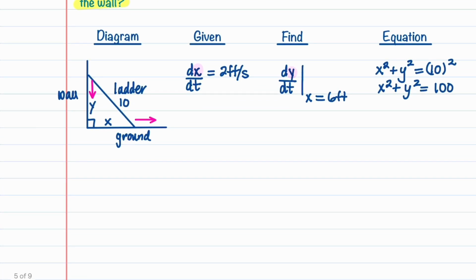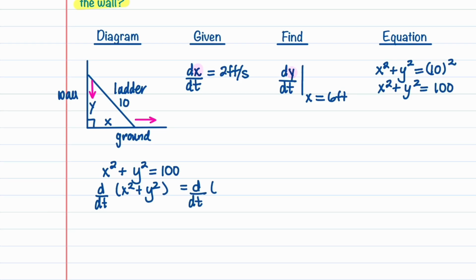Now we'll take this equation and differentiate it with respect to time. We have d/dt of x squared plus y squared is equal to the derivative with respect to time of 100. On the left, we have 2x times dx/dt, and then we have 2y times dy/dt, and that is equal to 0.